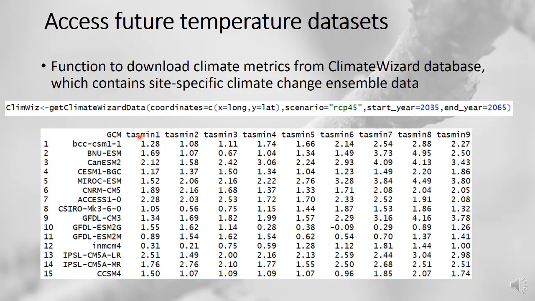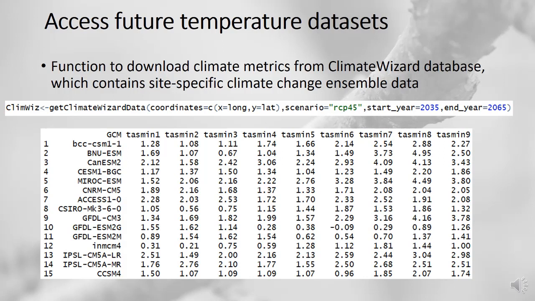So here we have now Tmin1, which means the minimum temperature in January according to a number of global climate models, that comes out of this function, and not only for January, also for all other months, and we also have the maximum temperatures for all months according to all these models.